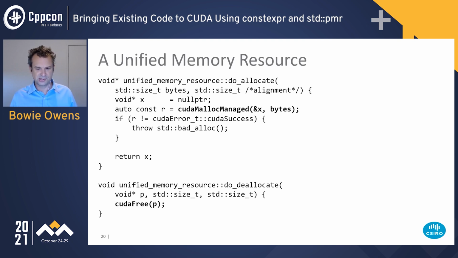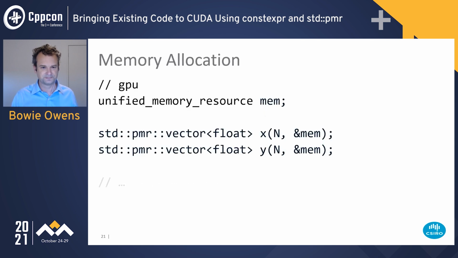So let's revisit that earlier example and talk about what this means now. Going back to the overview, we have our unified memory resource object. It's going to be passed into the constructors of the vector. Now we have replaced our calls to new and delete with calls to CUDA malloc managed and CUDA free.